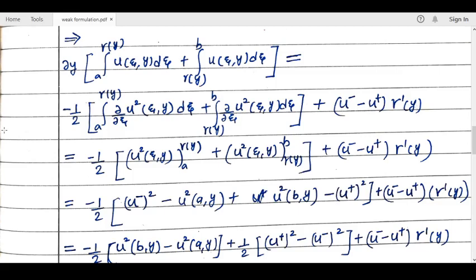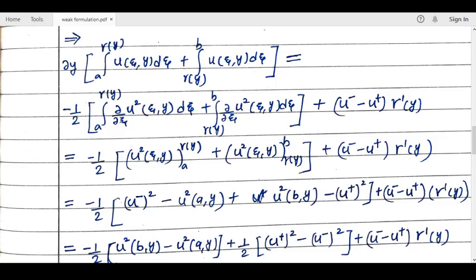Now again here you can see the integration is with respect to x, and the differentiation is also with respect to x. So here you will get only u square of theta comma y, with limits from a to gamma of y, plus again u square of theta comma y, limits from gamma of y to b. I hope this is clear.